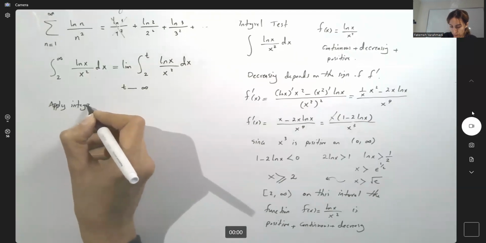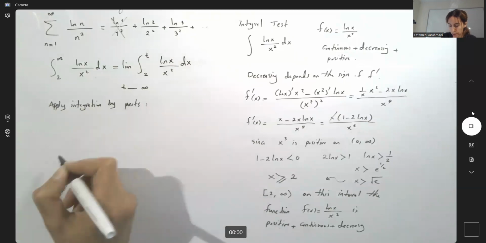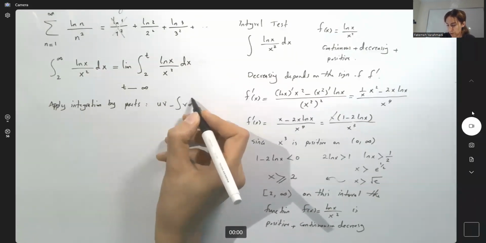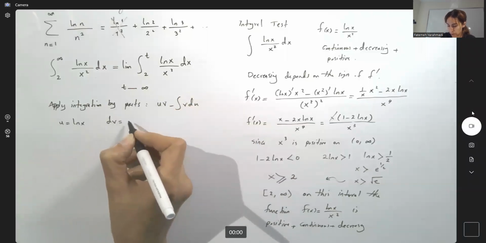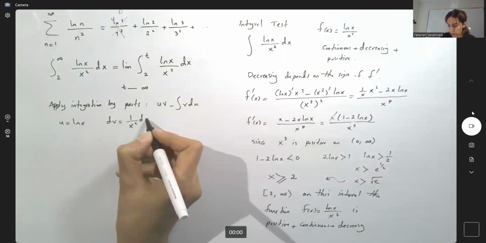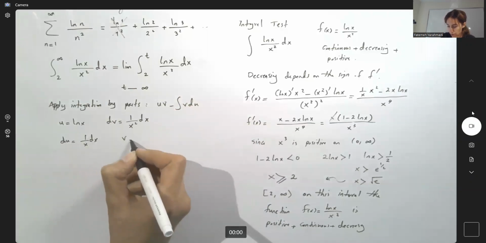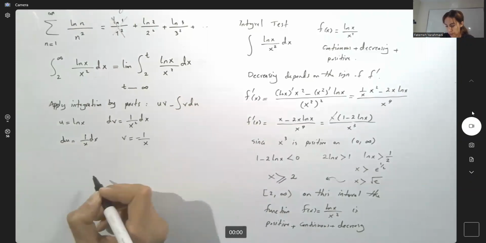Apply integration by parts. So here you need to have uv minus integral v du. So let us take u to be ln of x, dv be 1 over x squared dx, du is 1 over x dx, and v is the integral of 1 over x squared, which is negative 1 over x.